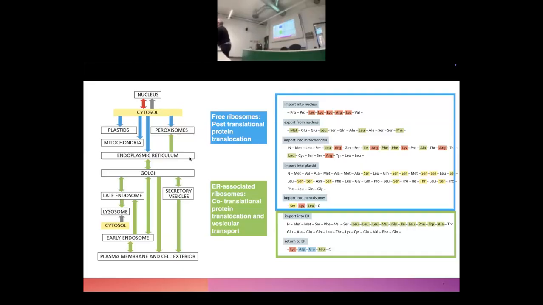This one could be a secreted protein. Here, Golgi, vesicles, extracellular domain. This one would be secreted. What about the one that remains transmembrane?